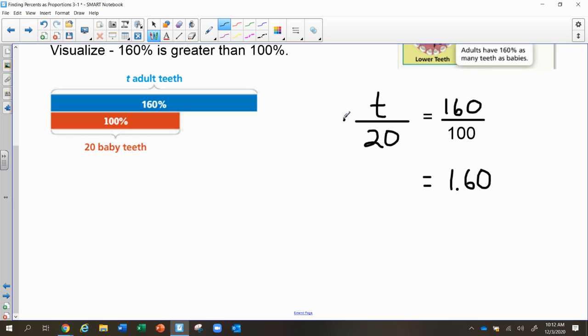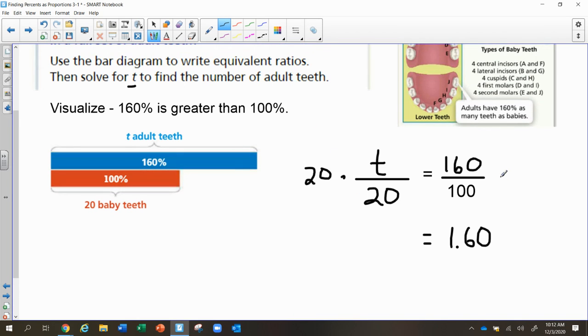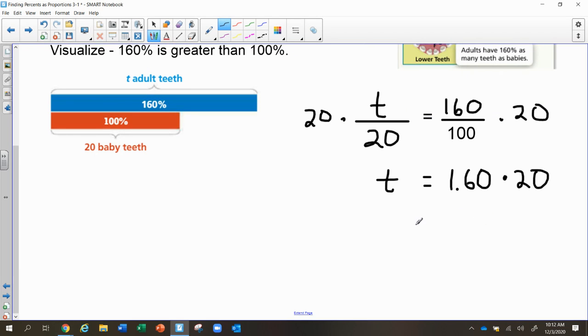Now we're going to multiply by this 20. Remember, we're multiplying by the whole, the total amount. So 20 divided by 20 is 1. So they go away. So t equals 1.6, and we still multiply by that 20. And if I do that, I would get t equals 32.